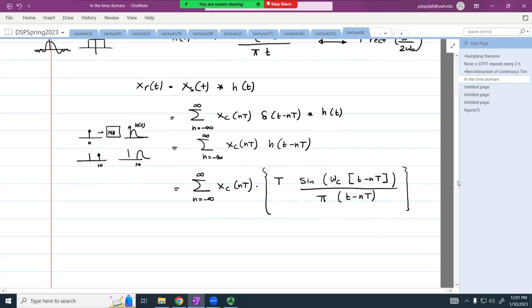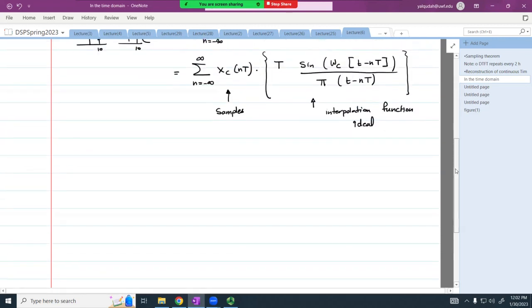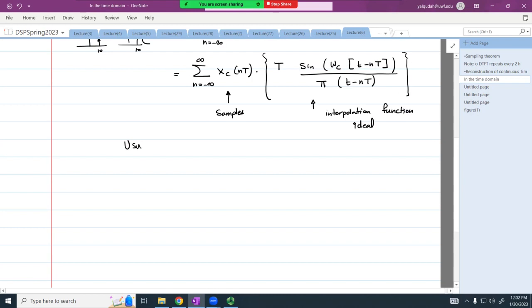So these are the samples, and this is my interpolation function, because this is ideal. Now in general, or usually, omega cutoff is equal to omega s over 2.